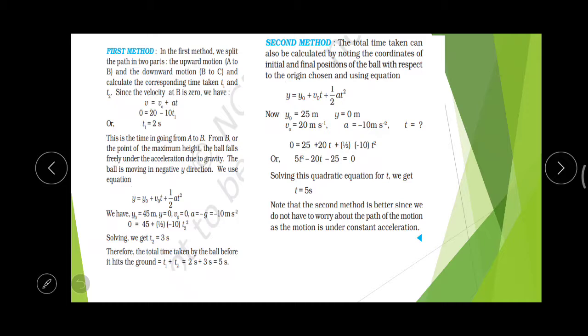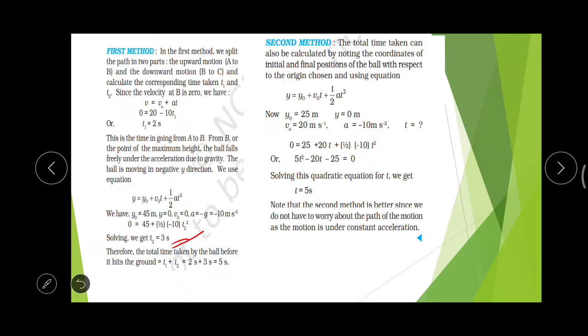Acceleration is equal to minus g, which is equal to minus 10 meters per second squared. So you substitute those values into that equation. Then you will get the t2 value as 3 seconds. Just solve that equation, then you will get it.